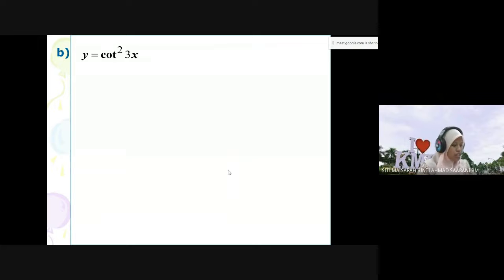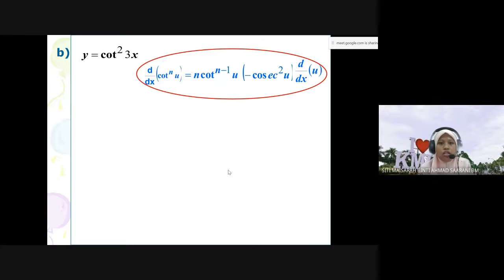Okay, next kita continue dengan B ya. y is equal to cot square 3x. Okay, so untuk cot square 3x ni kita apply cot u to the power of n, which is n cot^(n-1) u multiply negative cosecant square u, differentiate u with respect to x.